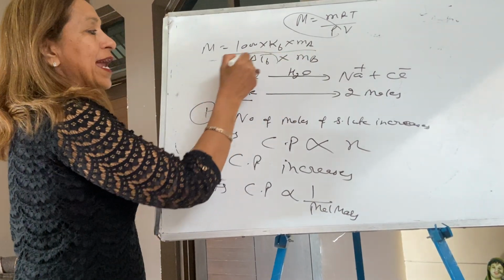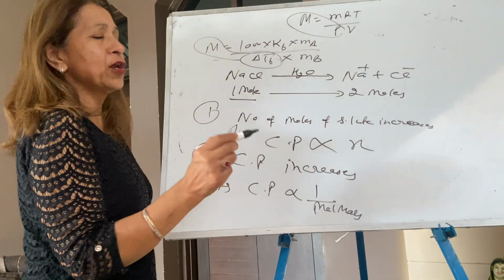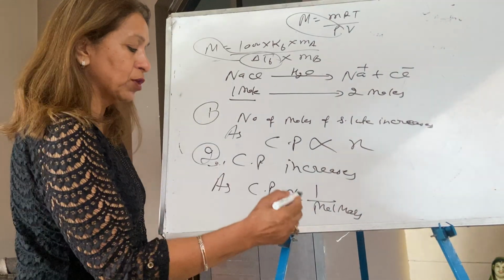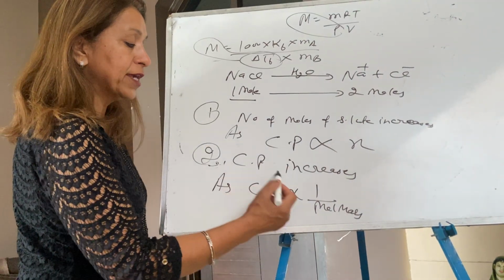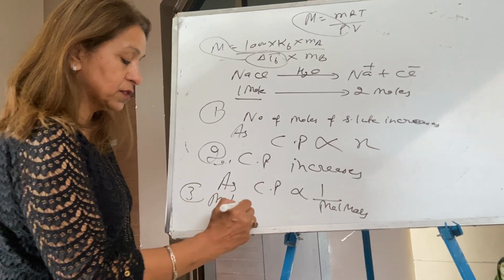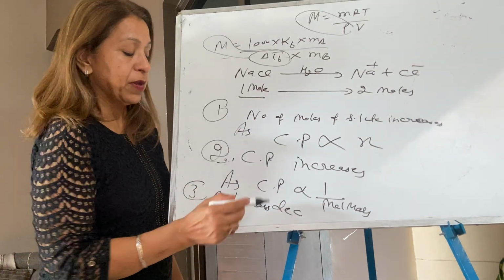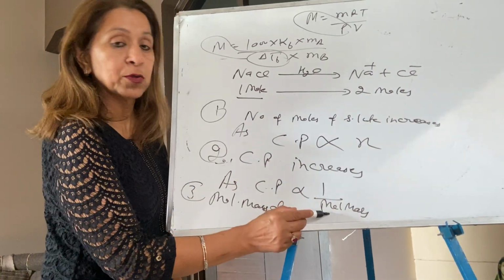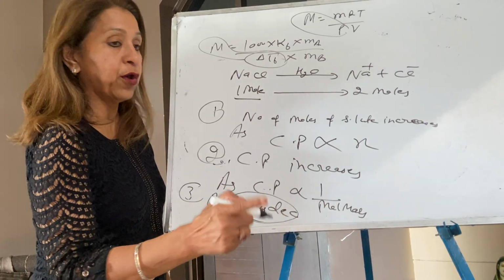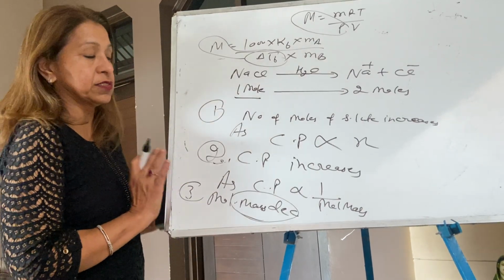You can check elevation in boiling point is inversely proportional. Every colligative property is inversely proportional to the molecular mass. So if colligative property increases, then molecular mass decreases. This decrease in molecular mass is an abnormal molecular mass.